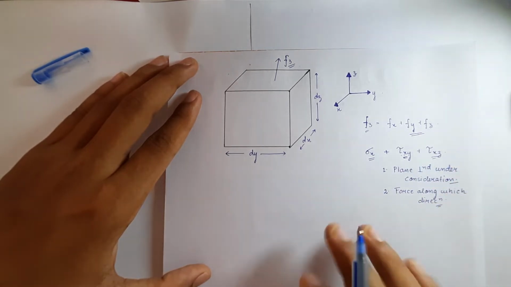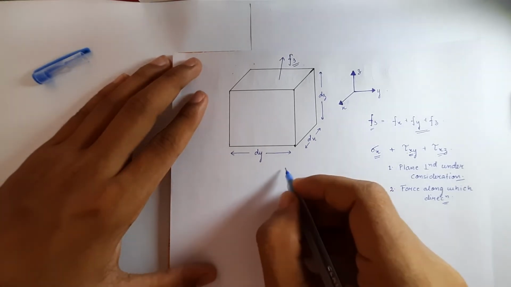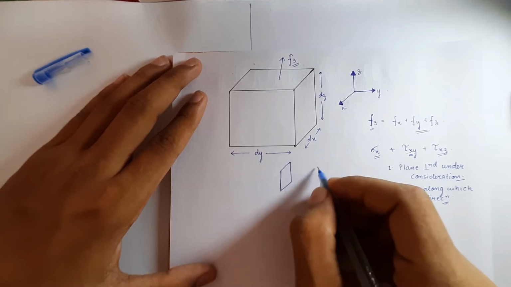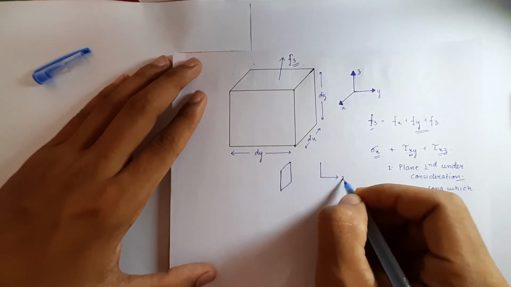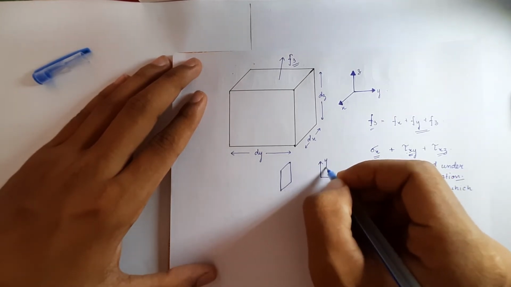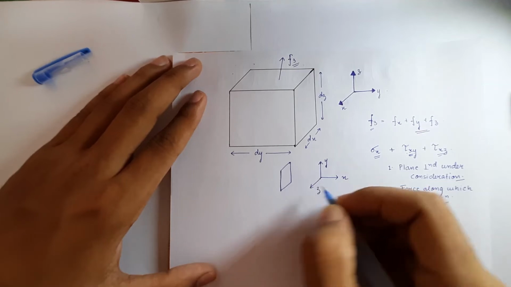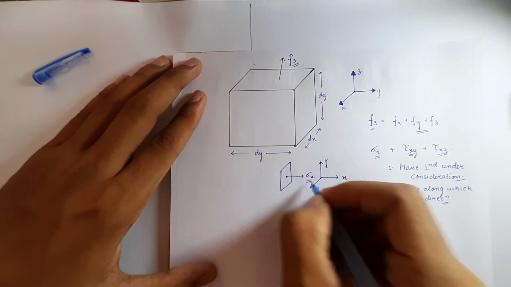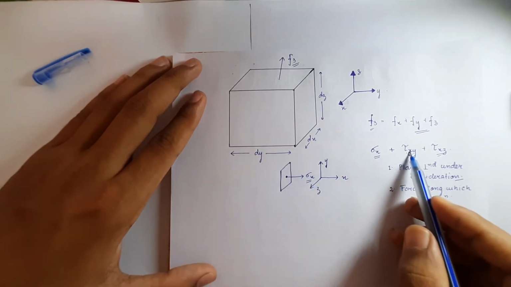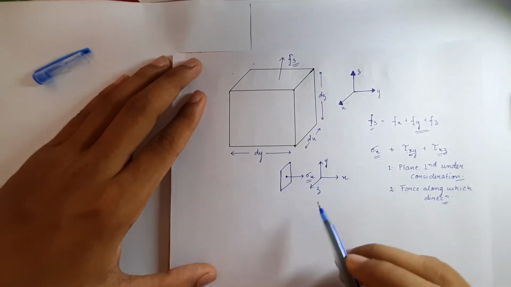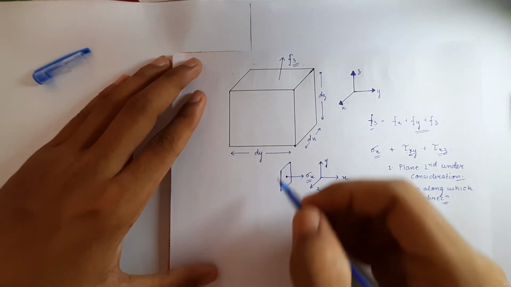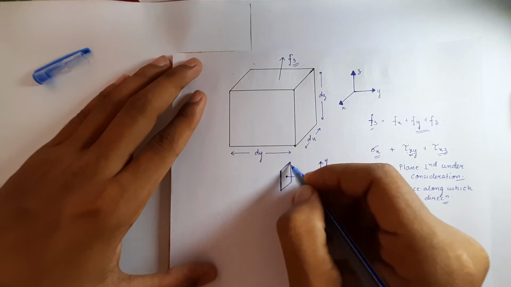So suppose this is our plane, and for this plane I am considering this to be the x-axis, this the y-axis, and this the z-axis. If this is the shear force acting along this direction, how can we denote tau xy here? Tau x means a plane perpendicular to the x-axis, which means this is our plane under consideration.